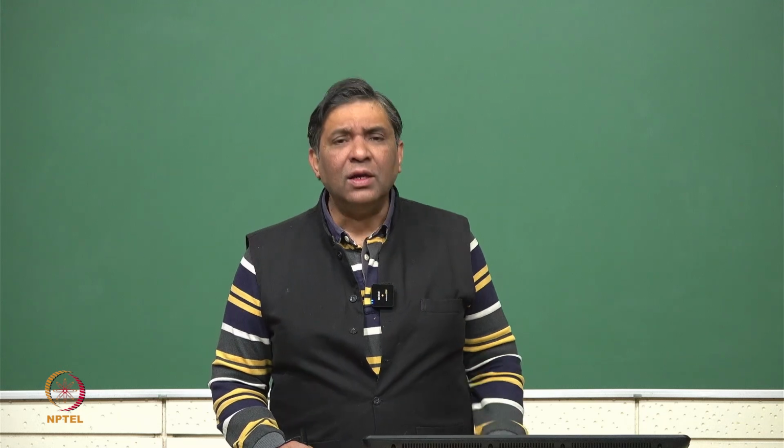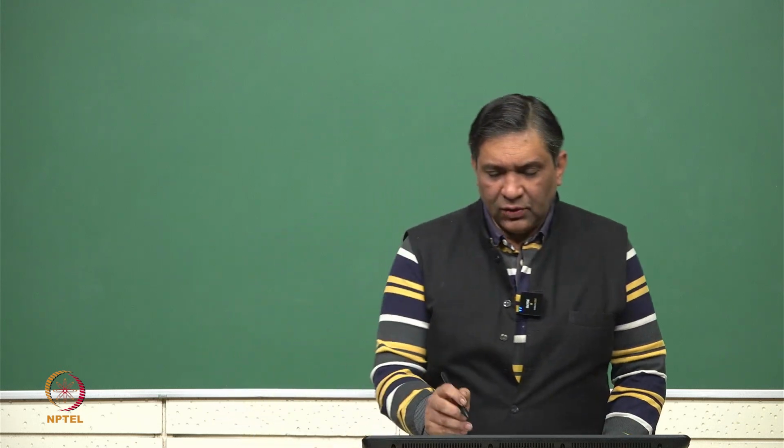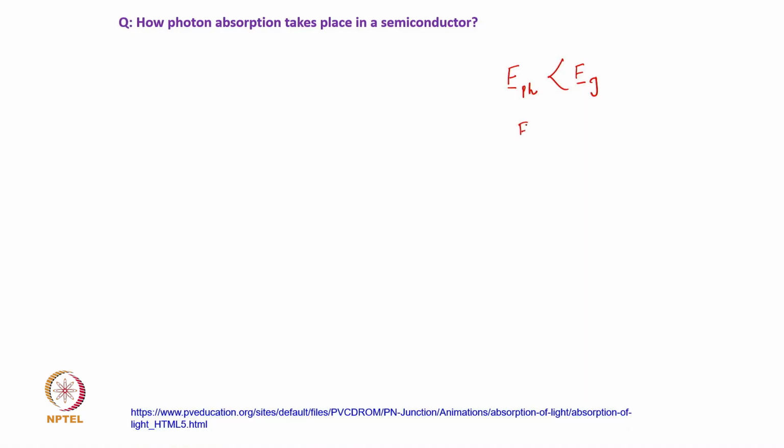Okay. The second category of light is the photon whose energy is more than the band gap energy.